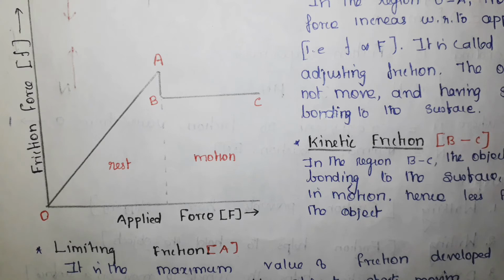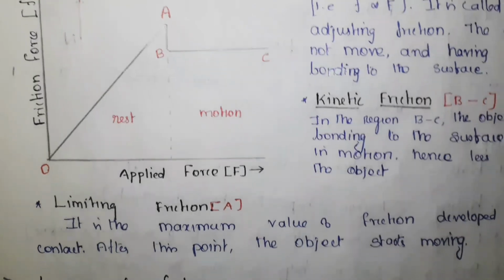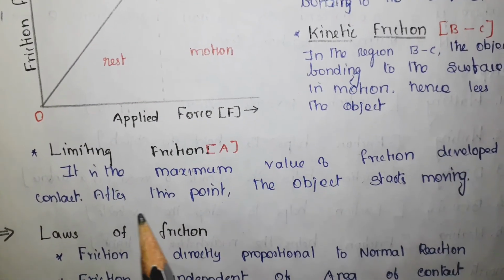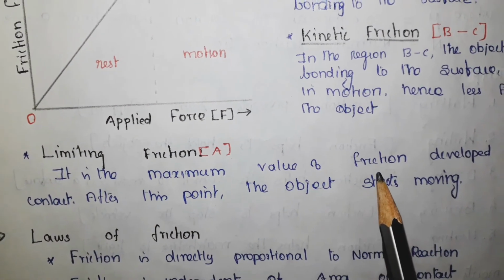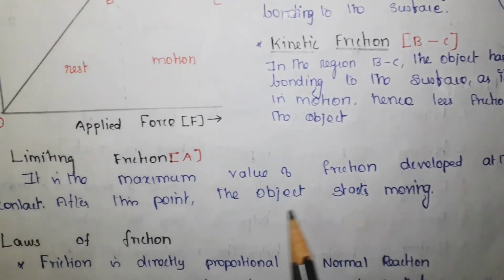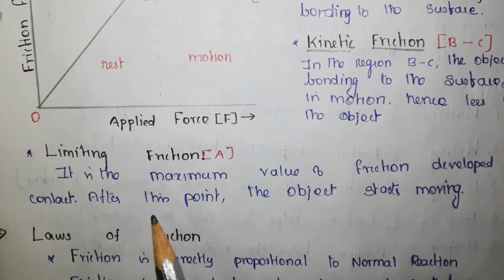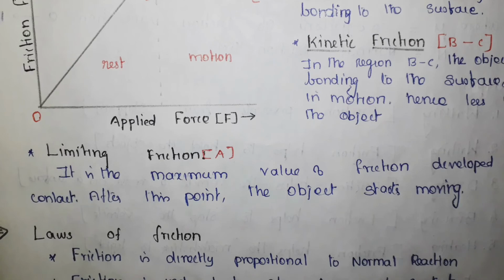Okay, so here the point A is the limiting friction, up to which the object will be at rest, it does not make a move, there is a strong bonding between the surfaces. Now limiting friction is the maximum value of friction developed at the contact. After that point, the object starts moving.